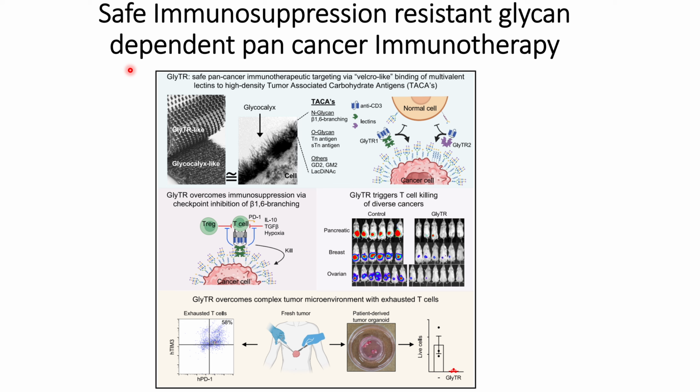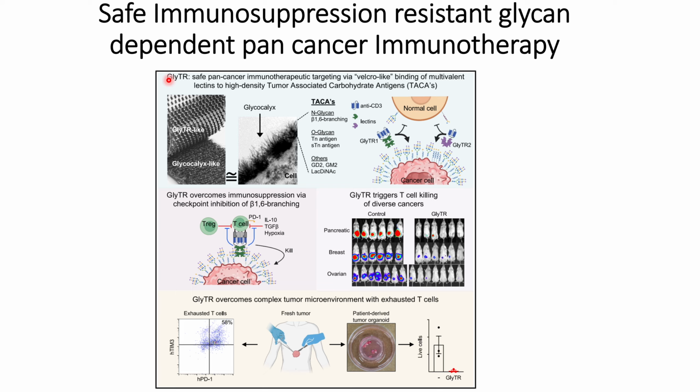So the approach presented here is the safe immunosuppression resistance glycan dependent pan cancer immunotherapy. Right now this is a preprint, but it has been in the Cell journal. So we will discuss what this paper says and how they describe their safe immunosuppression cancer immunotherapy.